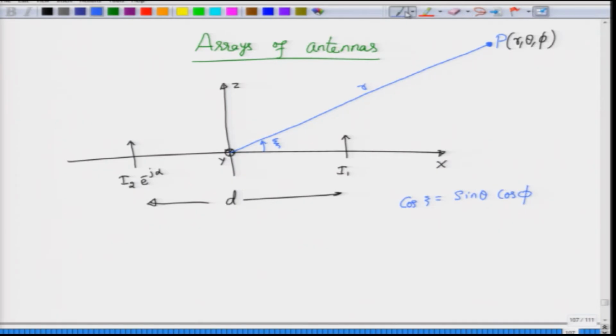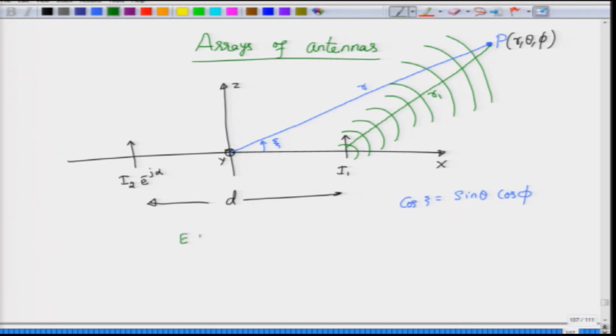Now, let us suppose that I want to find out the total electric field at point P. I know that there will be a spherical wave that would be launched, which will travel along this particular direction and reach the point P. This R1 is the distance between the antenna 1 and the observation point P, and this spherical wave would reach, and what is the electric field that would reach there?